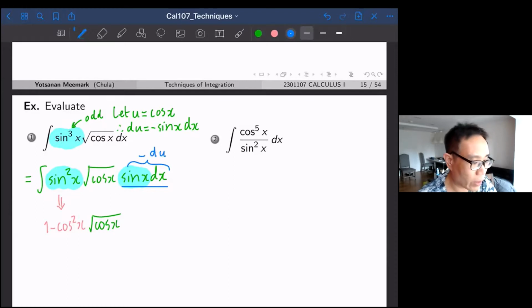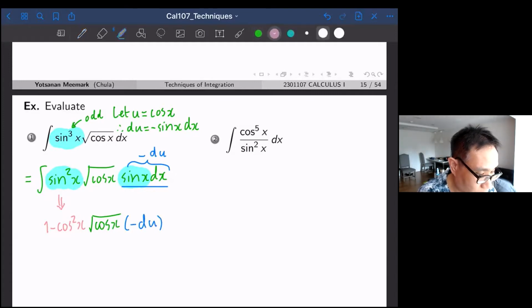You have u equal to cos x, so it's going to be cos squared, and you have u here. So you would get the integral.